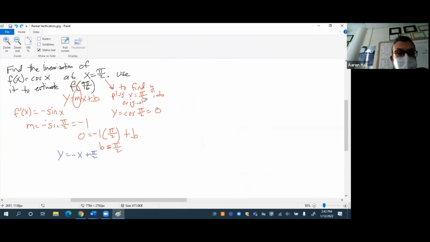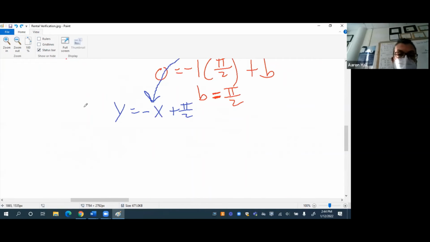Riley, what's that? So we're trying to plug in our x value of 9 pi over 16. Yeah, let's plug that in for our x value, and then we can approximate what that y value is. So that would be 9 pi 16ths. So I have y equals negative 9 pi 16ths plus pi halves.